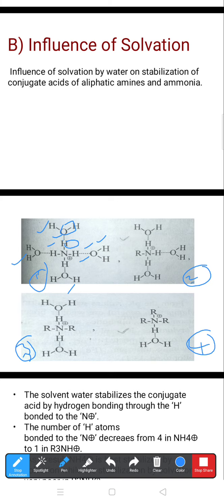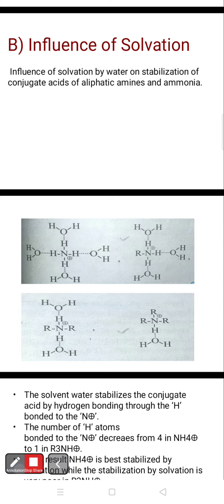In the third structure, R2NH2 plus is bonded with two water molecules, and in the last structure, R3NH plus is bonded with only one water molecule. You know that through the central nitrogen atom, as the number of hydrogen atoms decreases, the number of water molecules also decreases, and these hydrogen atoms of the ammonium ion are replaced by the respective alkyl groups.